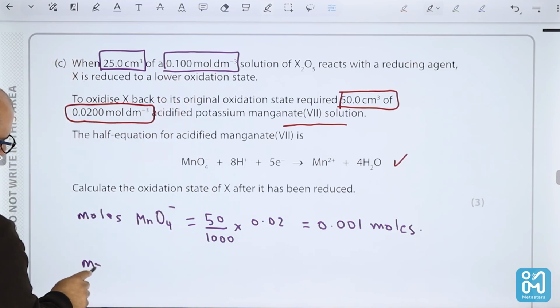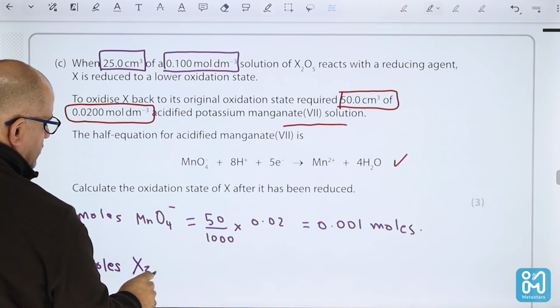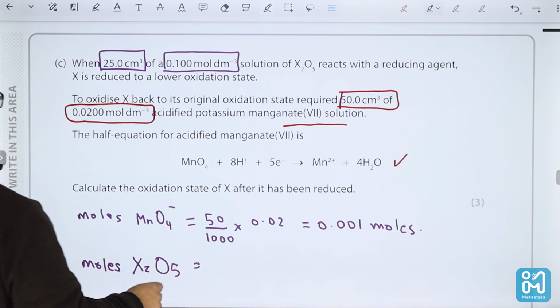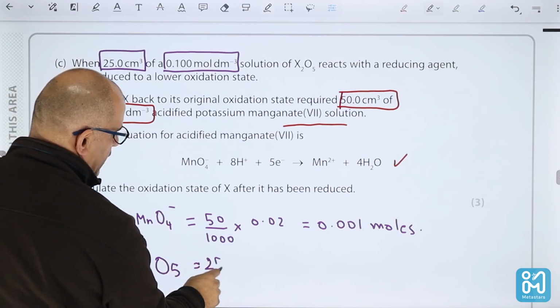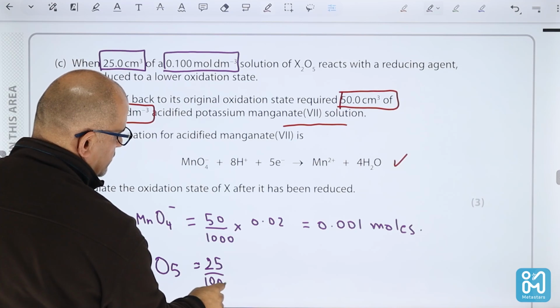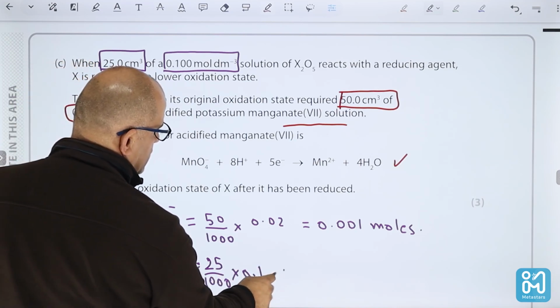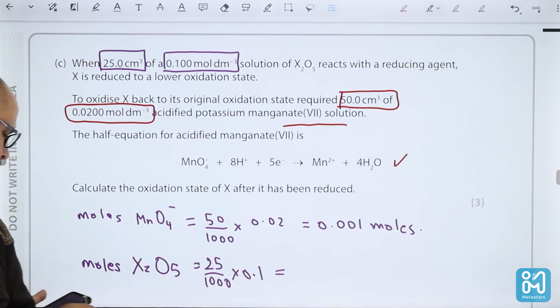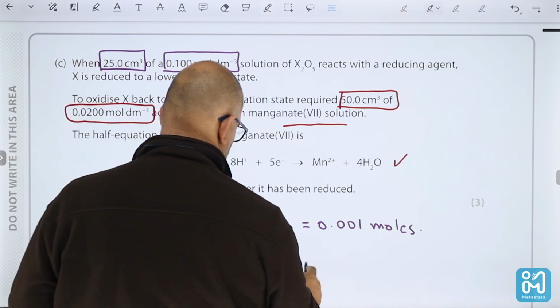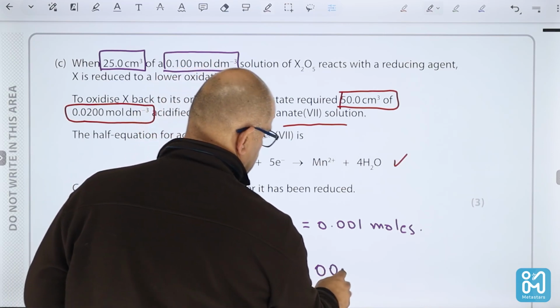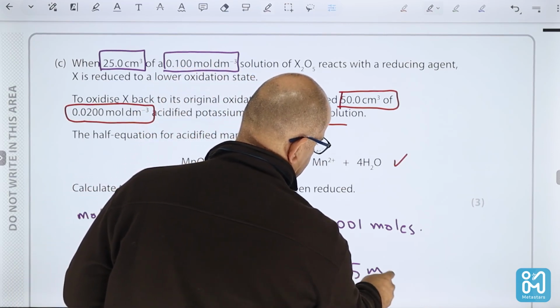So the moles of X2O5 equals 25 over 1000 times 0.1. That equals 2.5 times 10 to the power negative 3, or 0.0025 moles.